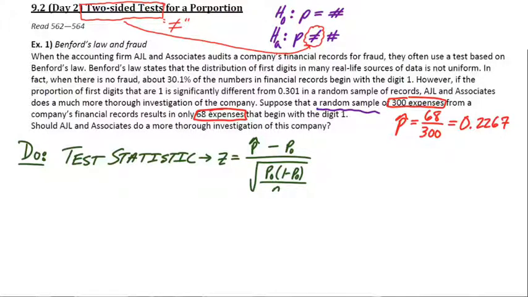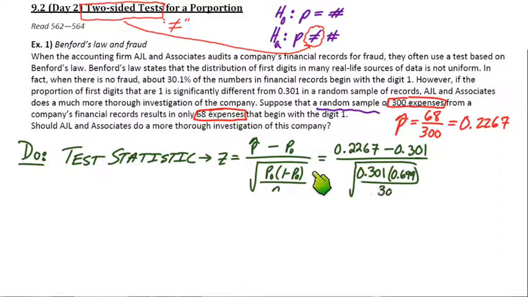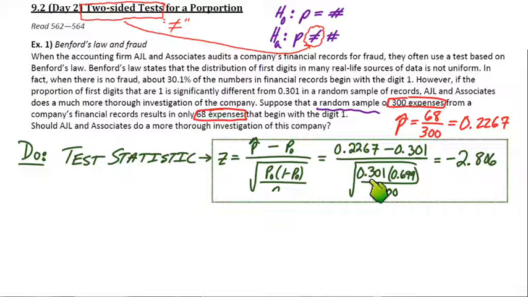Let's go ahead and calculate this. So p hat is 0.2267 minus the p naught from the null hypothesis, that's 0.301, and then the square root stuff, so that's 0.301, 0.699, there's 300 for n, and you should be looking at negative 2.806 for this z-score. So that is our test statistic.